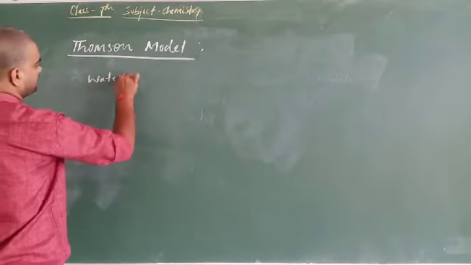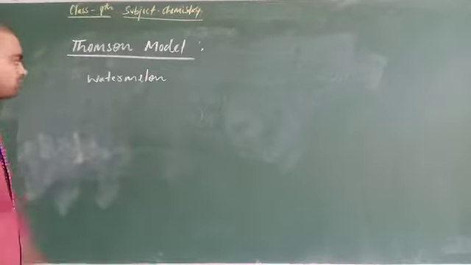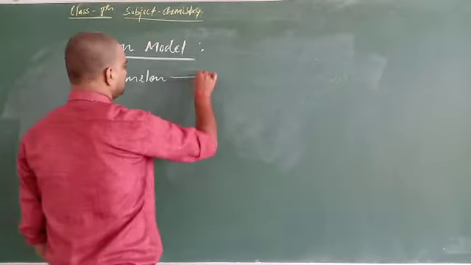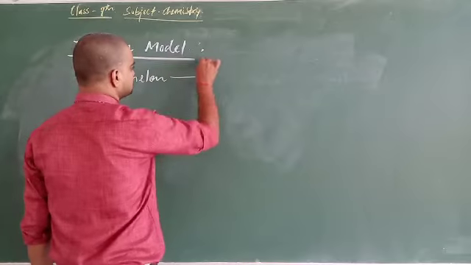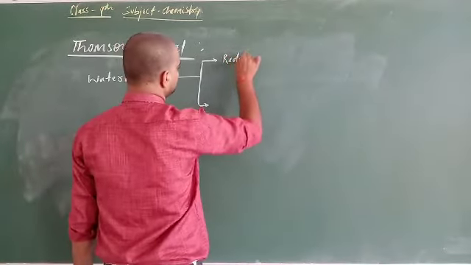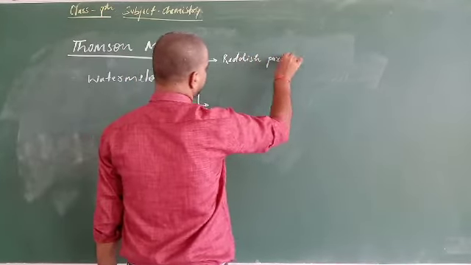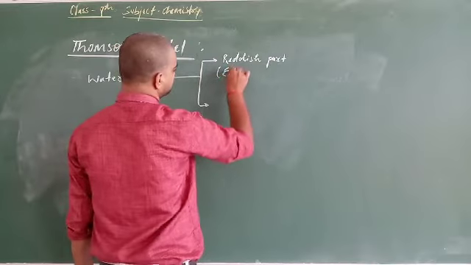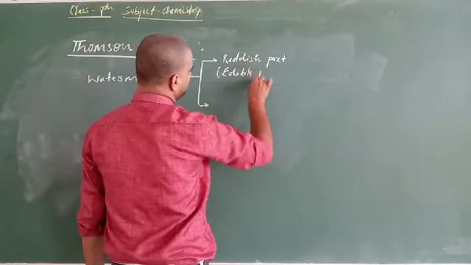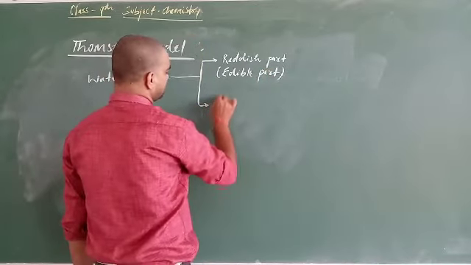First I will talk about the watermelon, then after that the plum pudding. Clear? You know about the watermelon. In a watermelon there are two types of things. The first one is the reddish part, or edible part, which we eat, and the second one is the black seed.